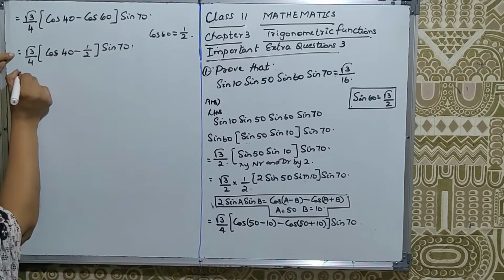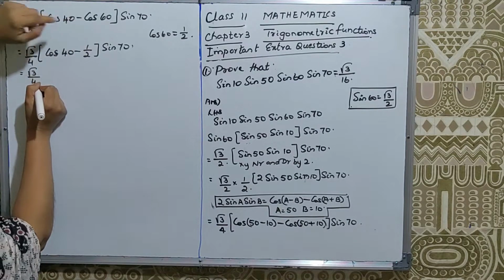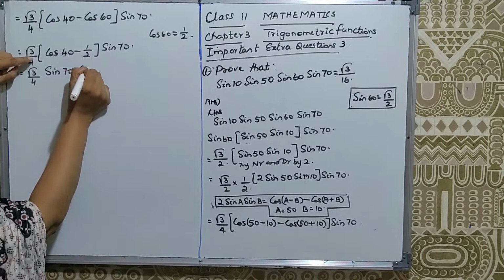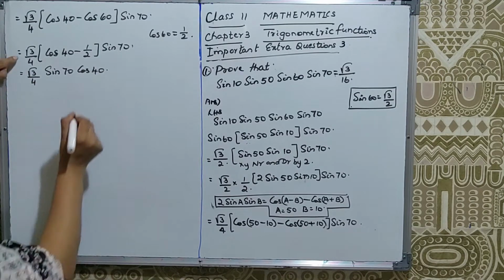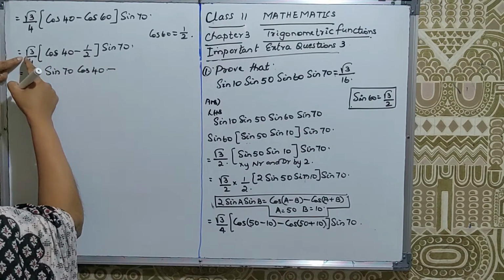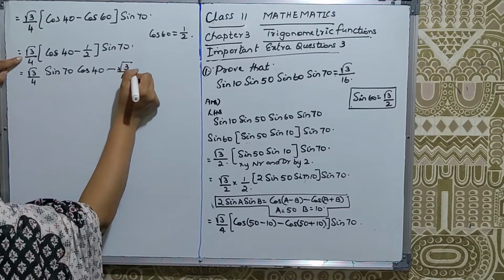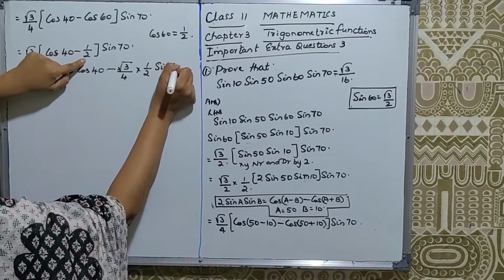Now you open the bracket. So root 3 by 4 into sin 70 cos 40. I'll write sin 70 first and cos 40 second, bigger angle first, smaller angle second. Minus, again we are multiplying root 3 by 4 into 1 by 2 into sin 70.